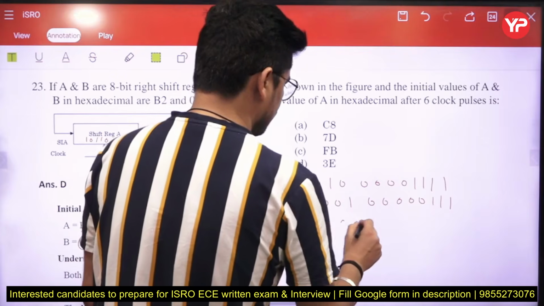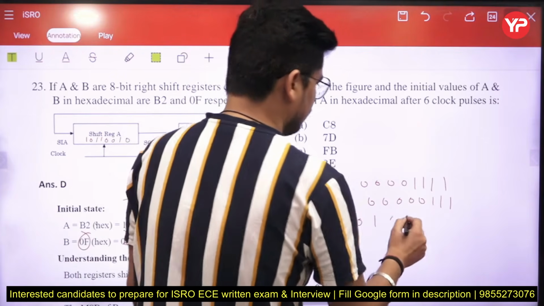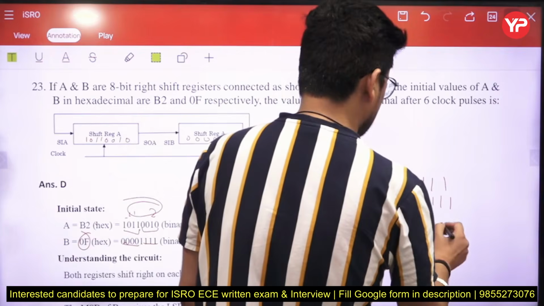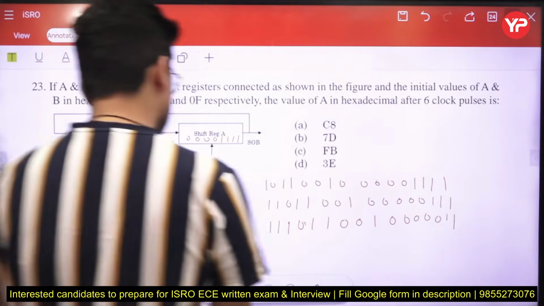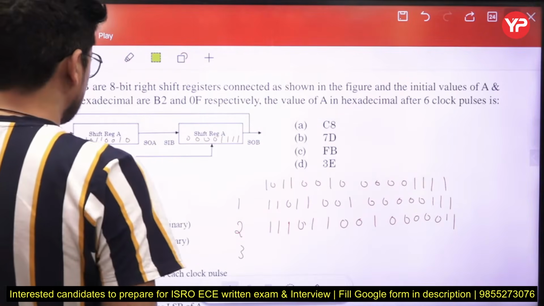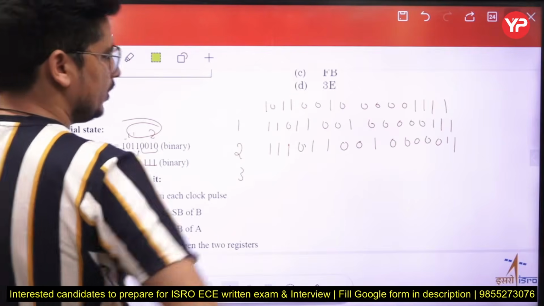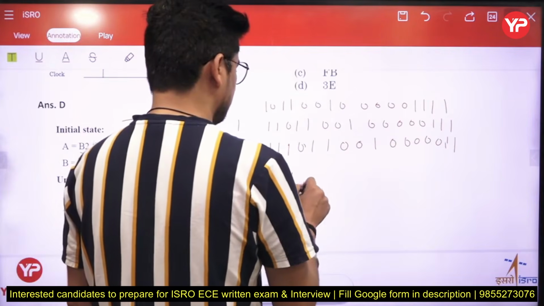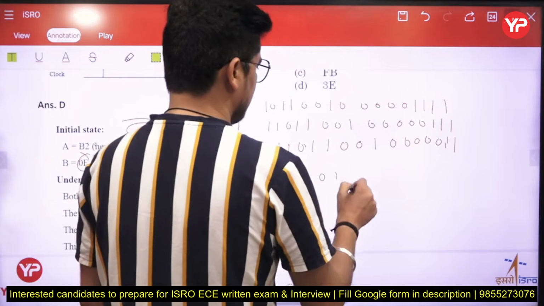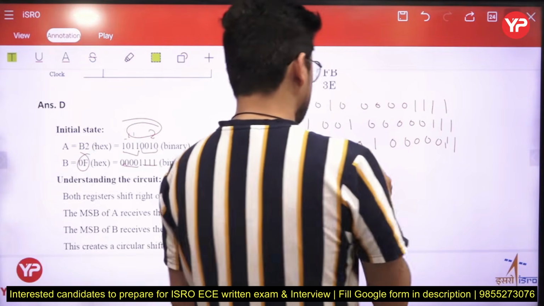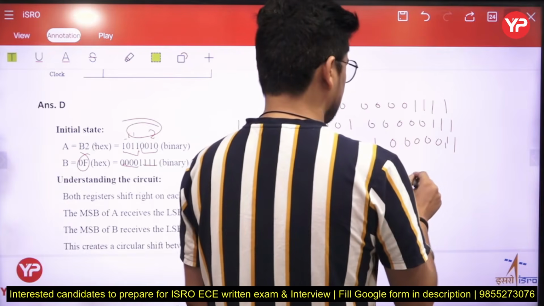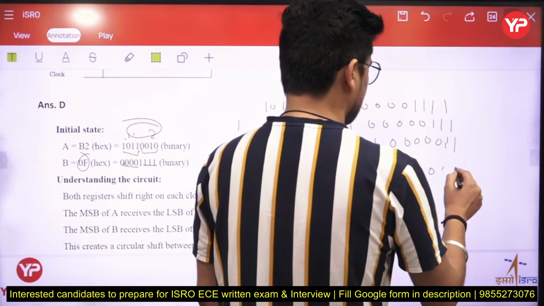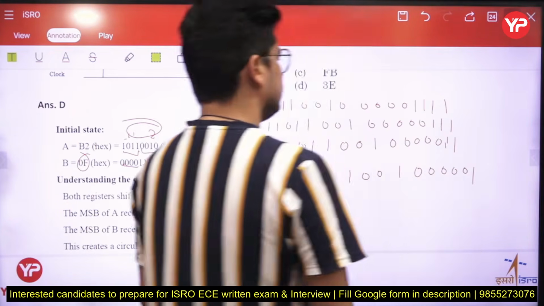Then the third clock: again the last bit comes to the first, giving 1 1 1 1 0 1 1 0, then 0 1 0 0 0 0 0 1.